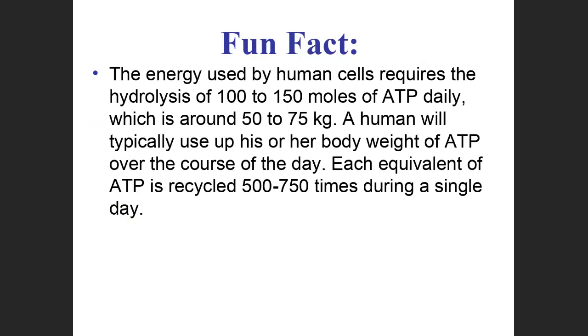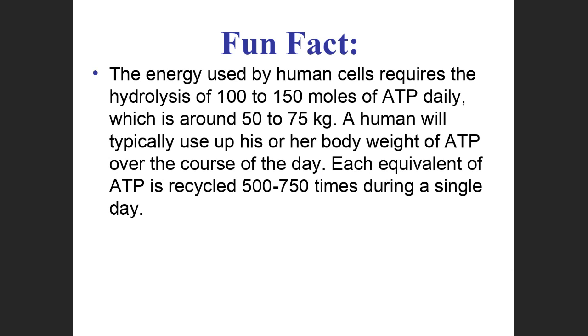So, fun fact: the energy used by human cells requires the hydrolysis of 100 to 150 moles of ATP daily. How big was a mole? How many atoms or molecules in a mole?